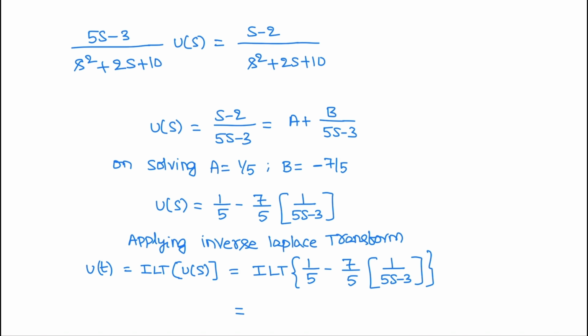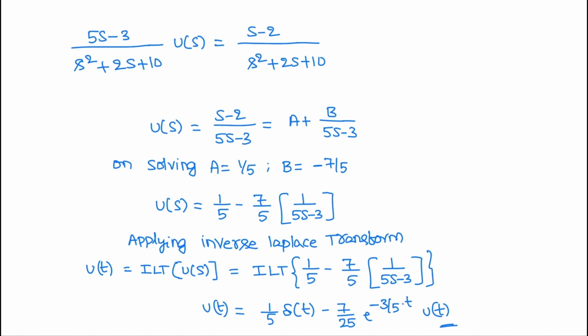Apply inverse Laplace transform, we will get u of t is equal to 1 by 5 delta of t minus 7 by 25 e power minus 3 by 5 into t u of t.